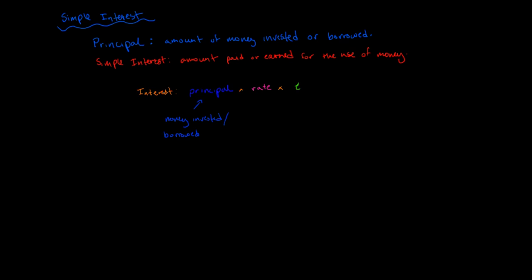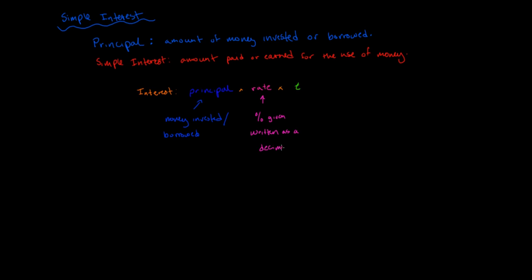The interest rate is always going to be a percent, or it's given as a percent, but it should be written as a decimal. You don't need to keep it as a percent. You should change it to a decimal.